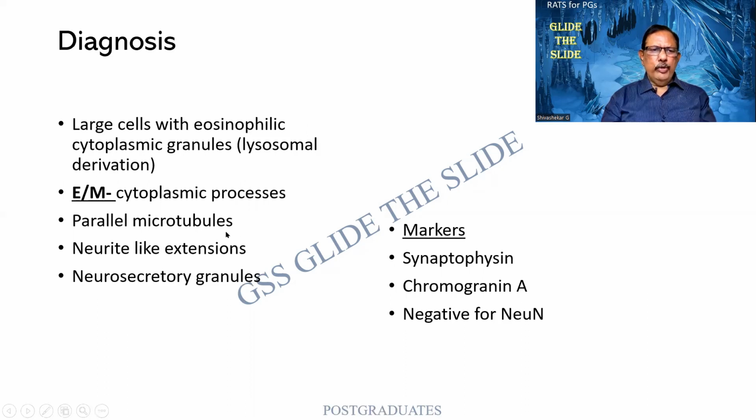Parallel microtubules can be seen. Neurite-like extensions and neurosecretory granules can be present. These we will not be seeing in the light microscope. The markers are synaptophysin, chromogranin, and it is negative for EMA. Also, the microtubule is supposed to be positive for neurogenic tumors.